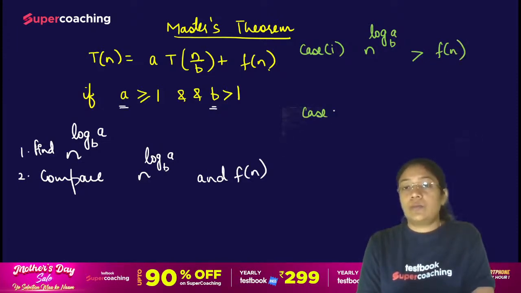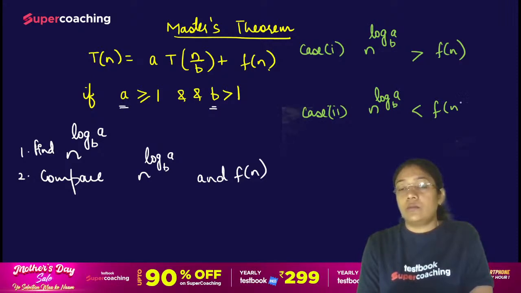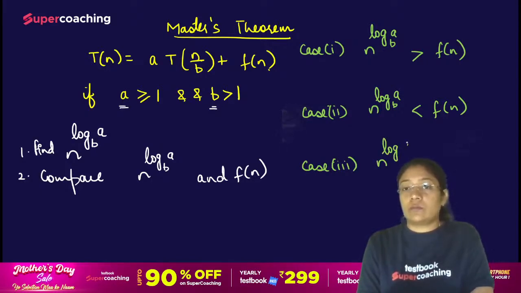Case 2: this value might be smaller than f of n. Third possibility is both are equal. This is equal to f of n.